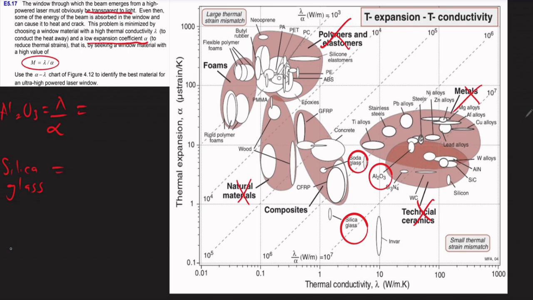Then the last material we have is soda lime glass, or soda glass. So all we have to do is calculate M for each of these materials.